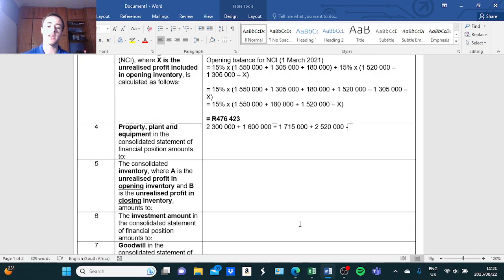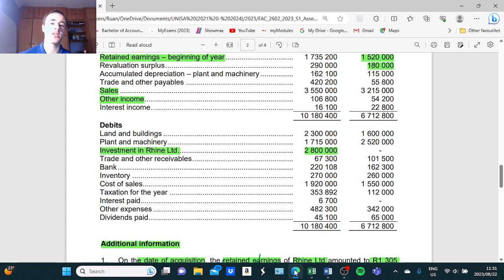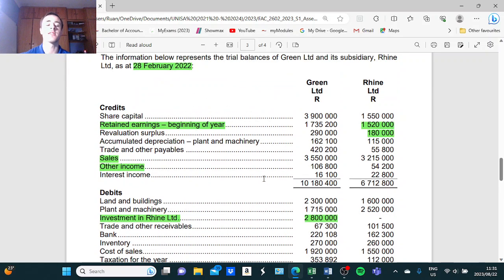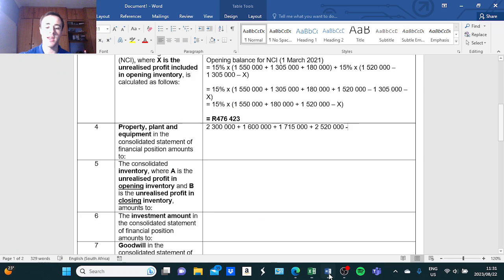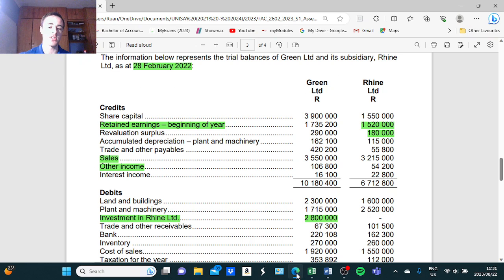Very important that you notice in the credit section they have given you the balance for accumulated depreciation for plant and machinery for the two companies respectively. As we know, according to IAS 16, we need to disclose property, plant and equipment at carrying amount in the statement of financial position. So we need to subtract accumulated depreciation from these amounts in order to calculate the amount that will be disclosed in the consolidated statement of financial position.